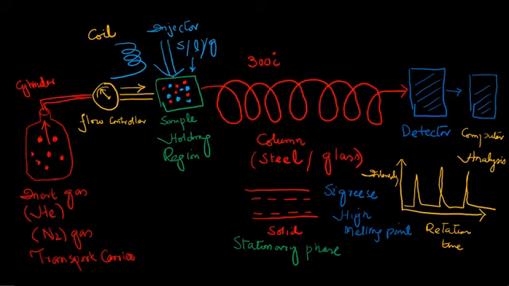The inert gas or nitrogen gas is incorporated from the gas cylinder through a gas flow controller in a controlled fashion into the sample holding region.